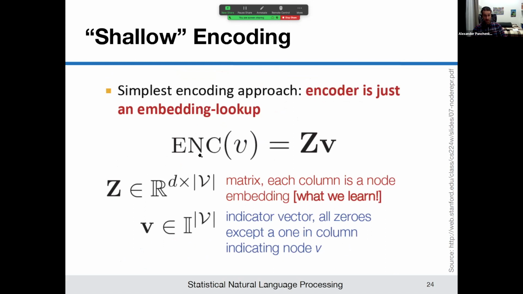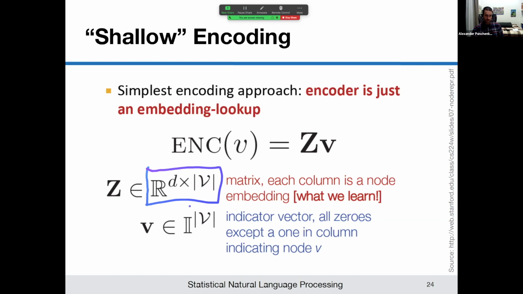As output of the shallow approaches, what you usually obtain is more or less the same as what you obtain by training Word2Vec. This is a matrix of dimensionality d by the size of the vocabulary.